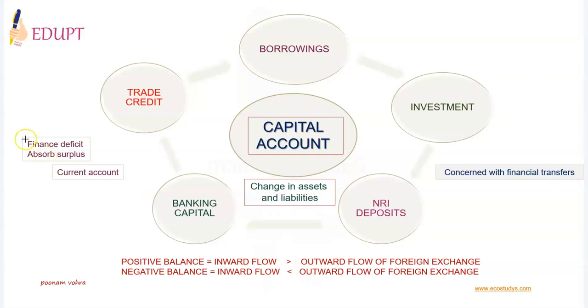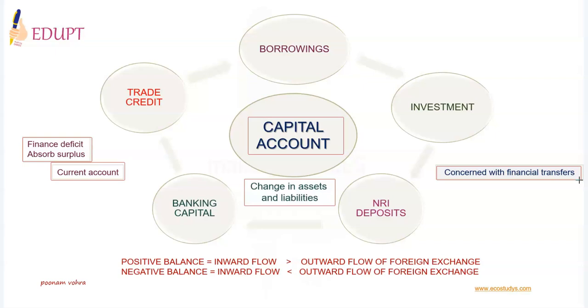Capital account is used to finance deficit in the current account and absorb surplus of the current account. Hence, it is concerned with financial transfers and does not have any direct effect on income, output and employment of the country.